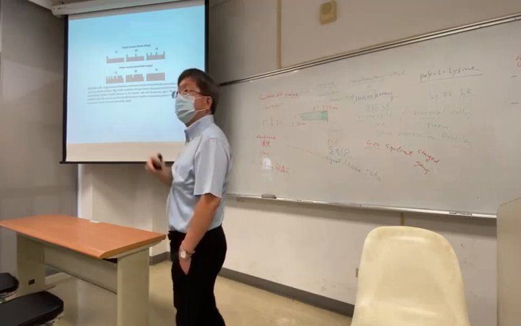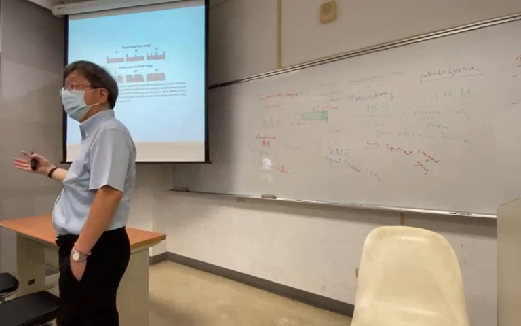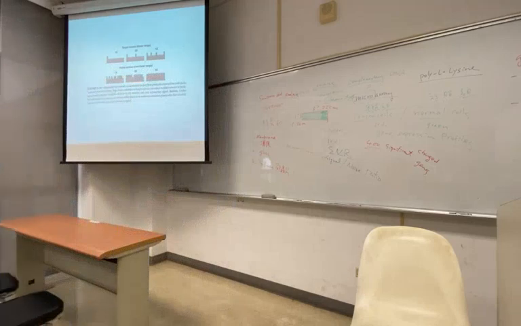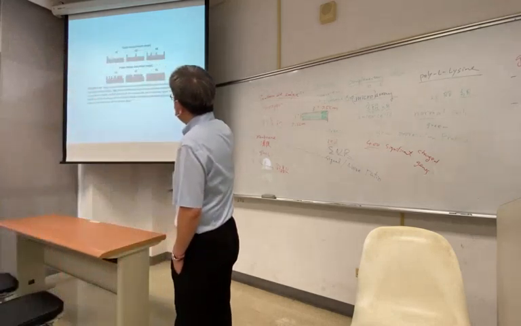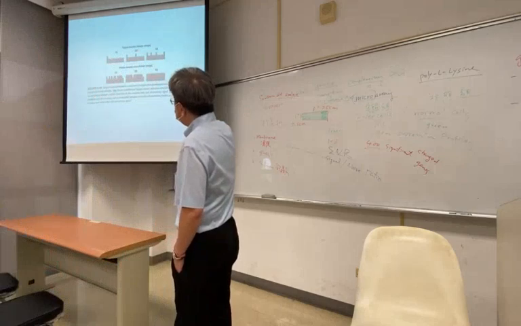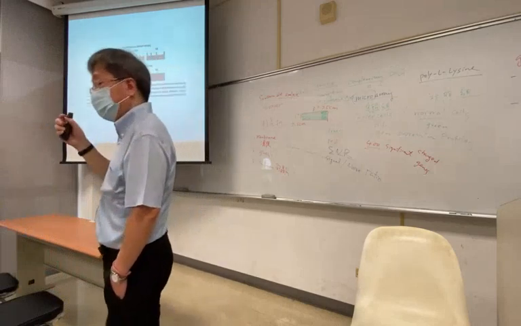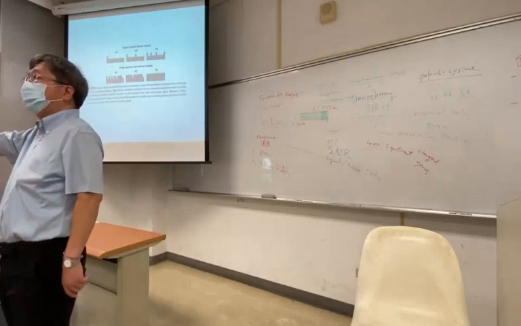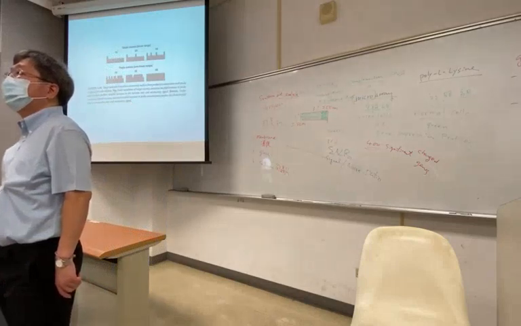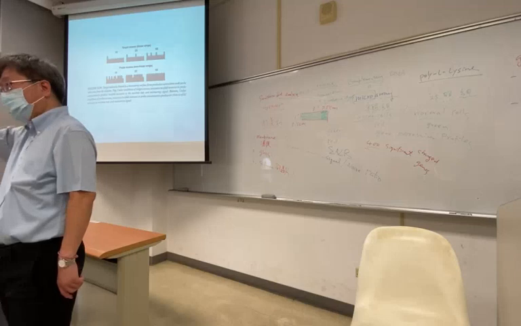This is already saturated. They occupy all the binding sites. That's why you don't want to use too much of the probe as well. Maybe later on we will have some pictures showing you some white spots. That means it's already saturated.